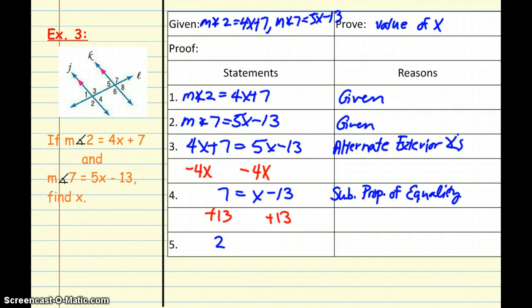So then I get 20 is equal to x. And then this one is the addition property of equality. There you have it. Okay, so from here we used different theorems to help us figure out the measurements of different angles.